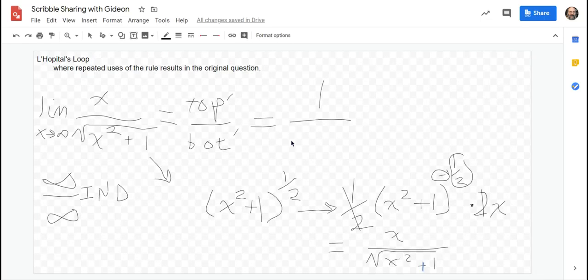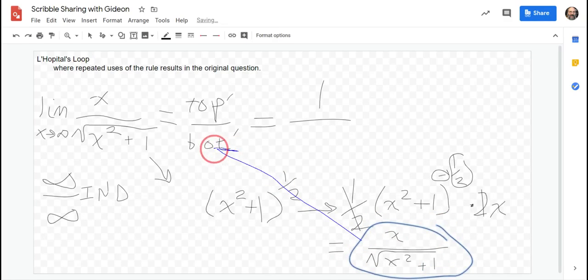Well, oh wait, I've got to take the derivative of the bottom. Maybe that'll help. So this is 1 over x over the square root of x squared plus 1. And the answer here is, 1 over a thing is its reciprocal, so now it's the square root of x squared plus 1 all over x. And now I'm kind of, oh, that didn't help much.